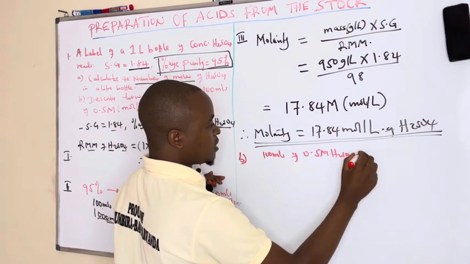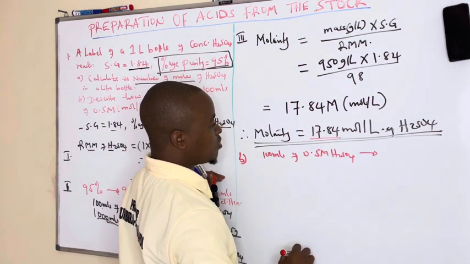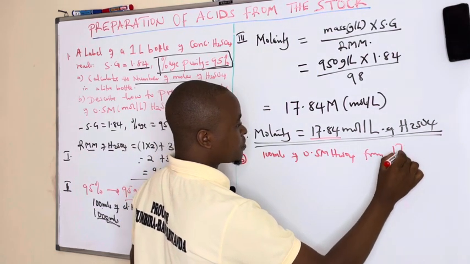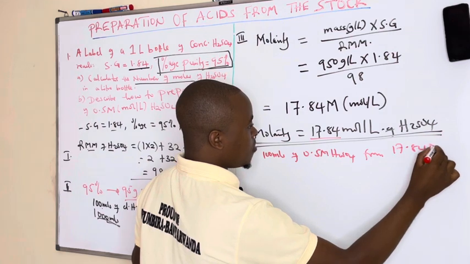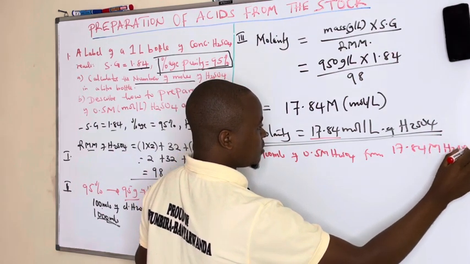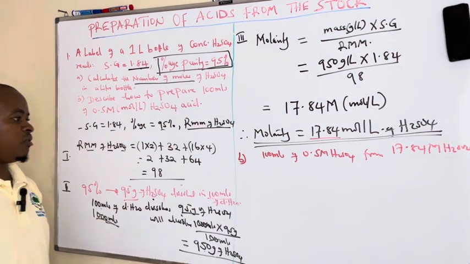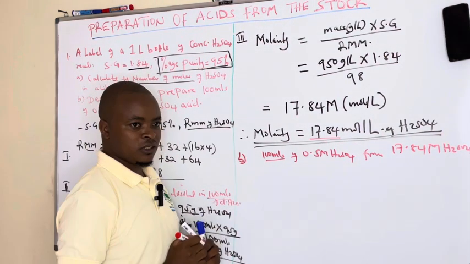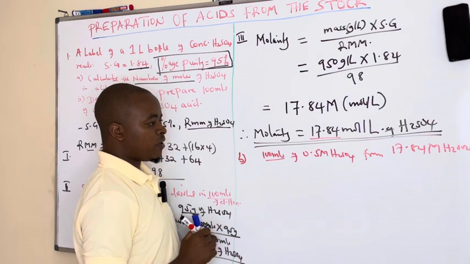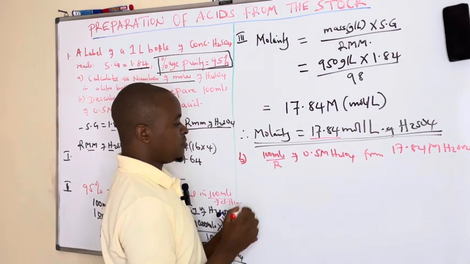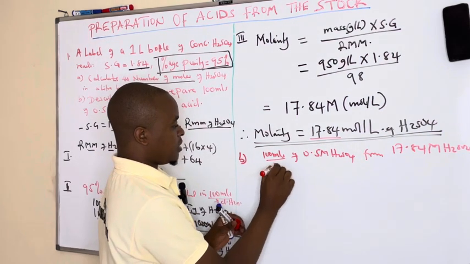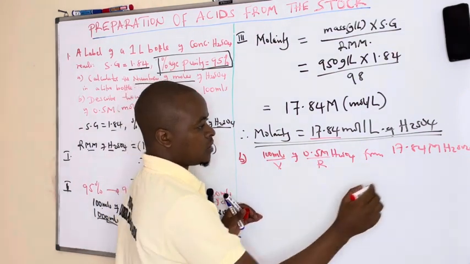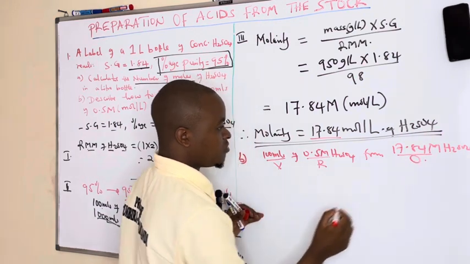We are going to use this stock concentration, 17.84 molar sulfuric acid. So we already have the required volume, the required concentration, and the original concentration.